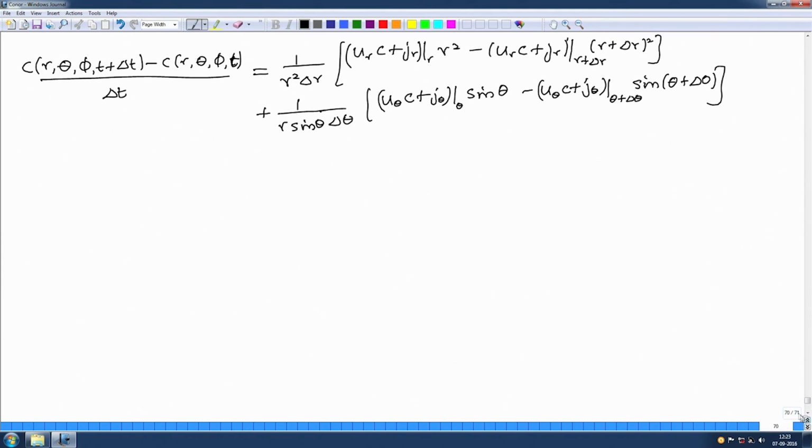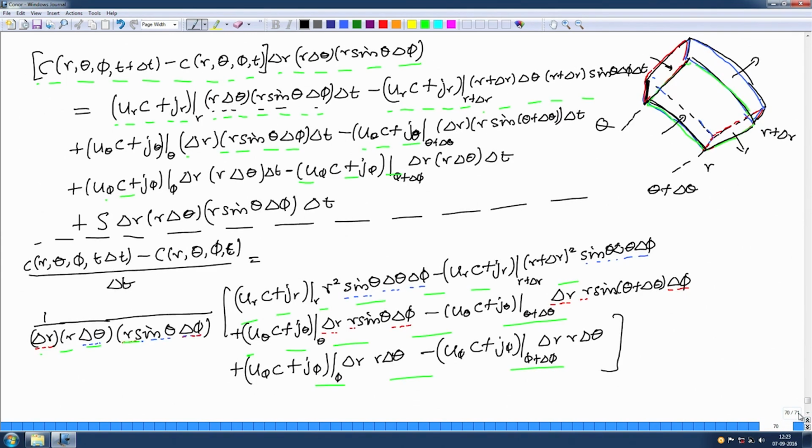And on the final term on the left here, as you vary phi, r does not change, delta r does not change, delta theta does not change. Therefore, I can cancel out all of these, delta r and r delta theta.